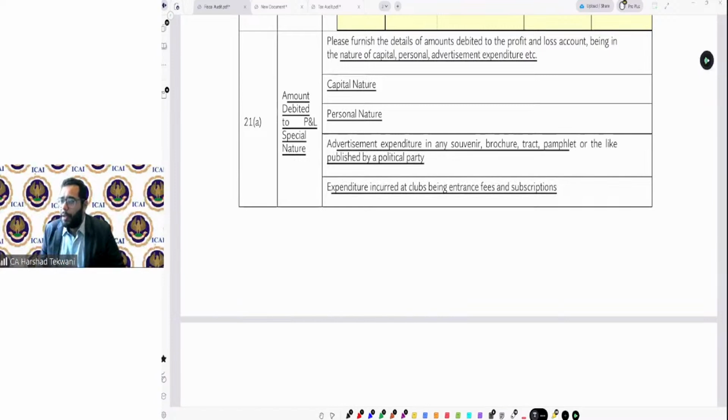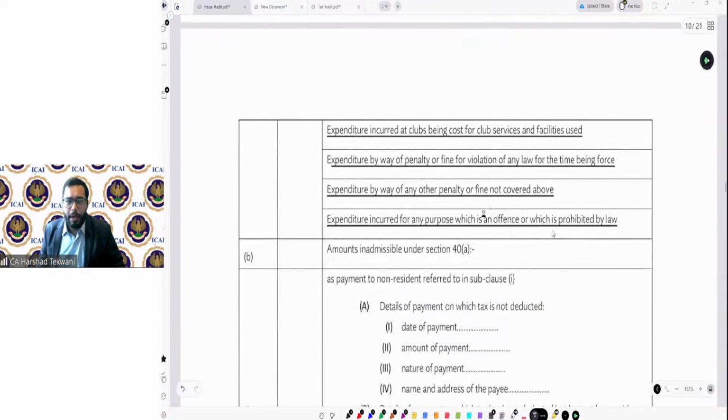Okay. If no doubt, then I have one doubt. Now, when we need to report the amount, let's say, for example, expenditure by way of penalty, fine, or violation. In that case, I have one doubt.